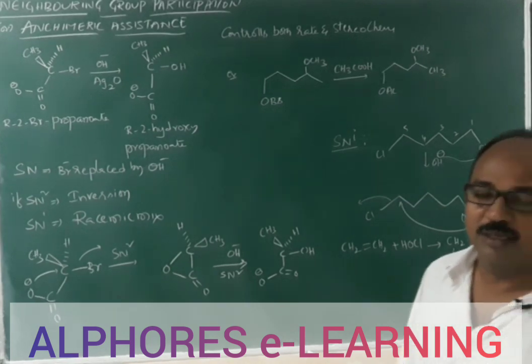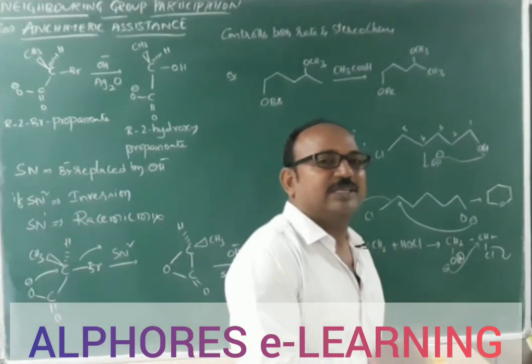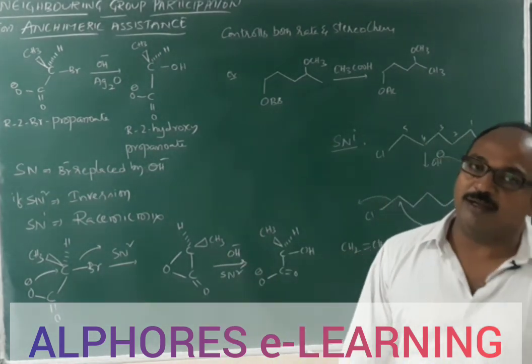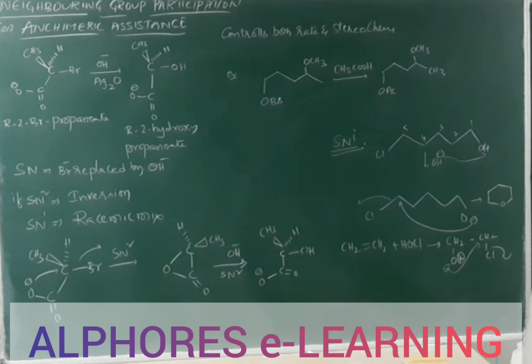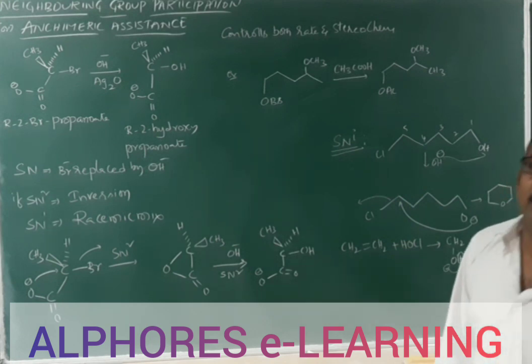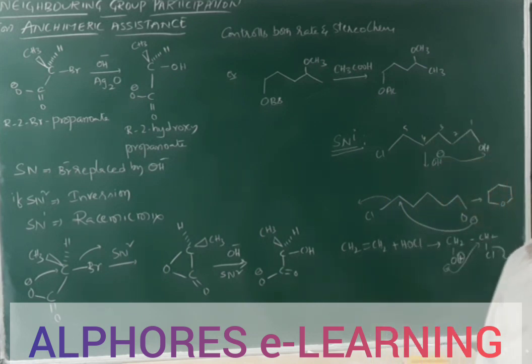Again we are getting an epoxide, ethylene epoxide. These reactions fall under the name of SNi reaction, and thionyl chloride, in presence of pyridine or even in absence of pyridine, falls under the name of Darzens reaction. All these are examples for SNi.